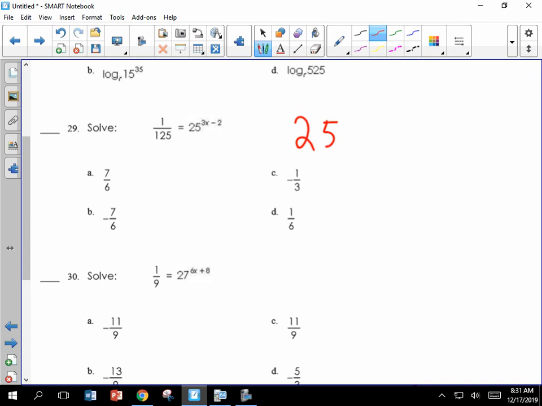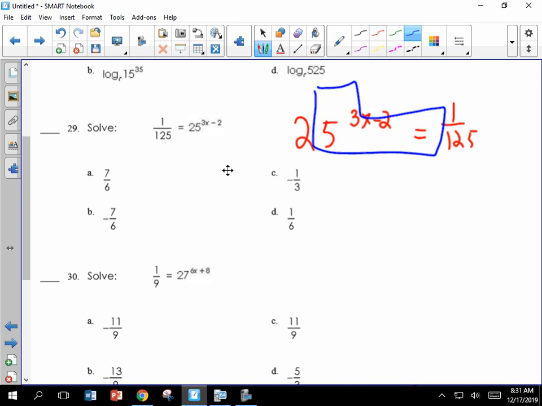So the way I would do it is I would rewrite it like we did in class, where the part with the exponent is on the left side, and then we're going to do the big L. So when I do that, I'm turning it into a log, so log base 25 of 1 over 125 equals the last thing, 3x minus 2.